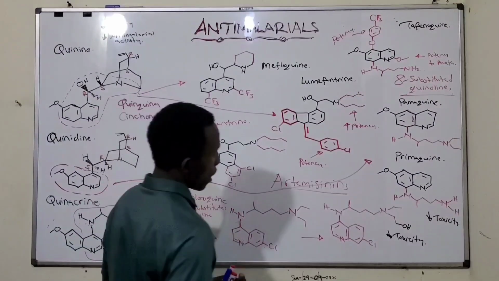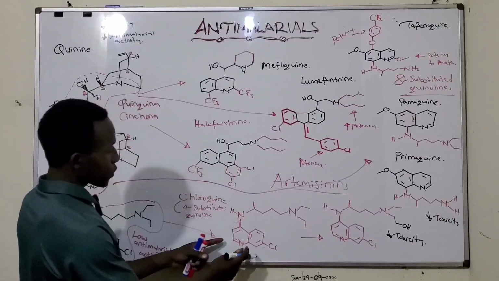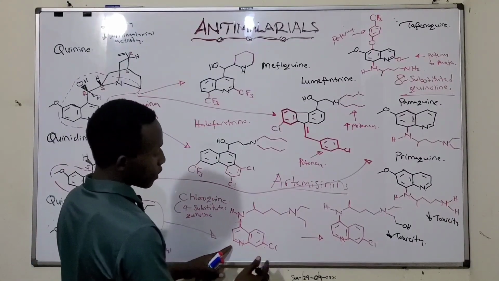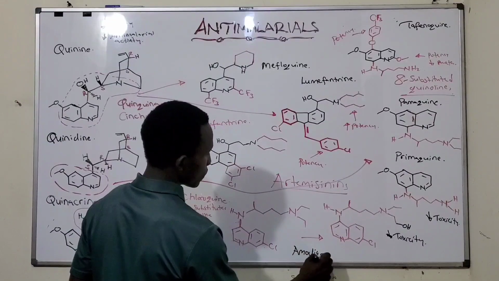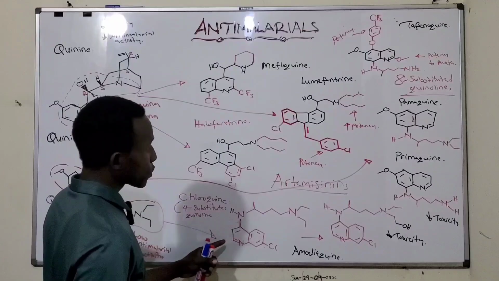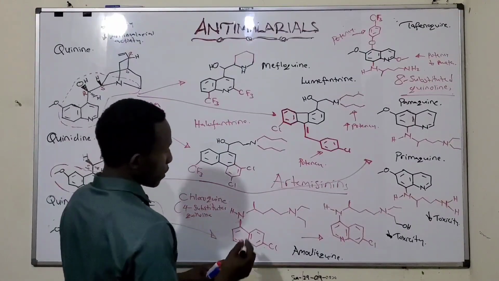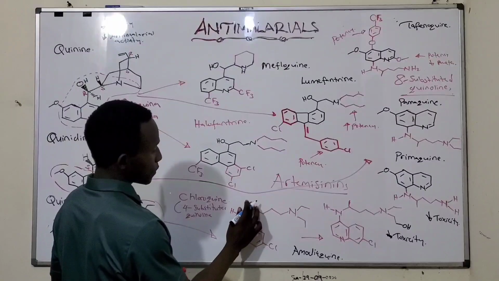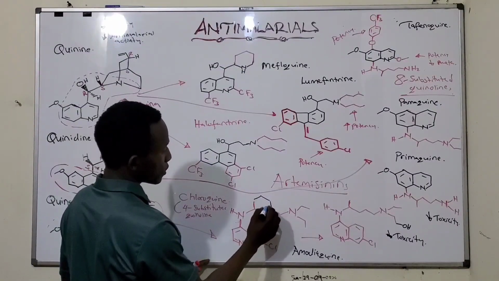Drugs like amodiaquine, but there's no way I can draw it, but I can use this one. This one. For amodiaquine, these are 4 substituted. So 4 substituted, like this chloroquine. But here, they cyclized this part.